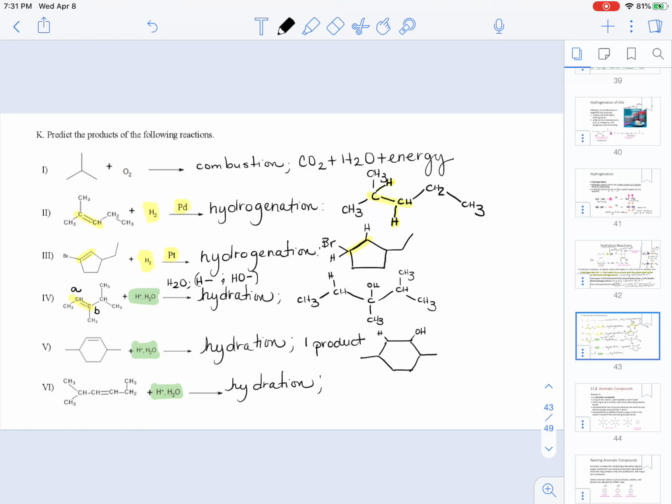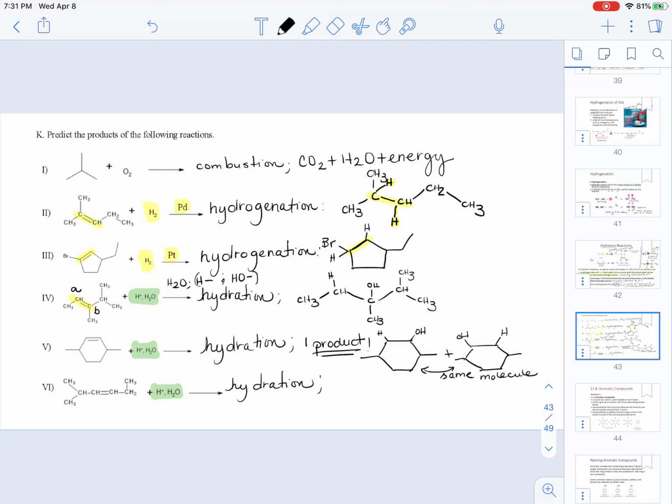If you forget about this and then you write, oh no, this is going to produce another product, one in which now this carbon has the H and this carbon is going to have the OH, understand that these two are going to be the same molecule. That's why overall we form one product.